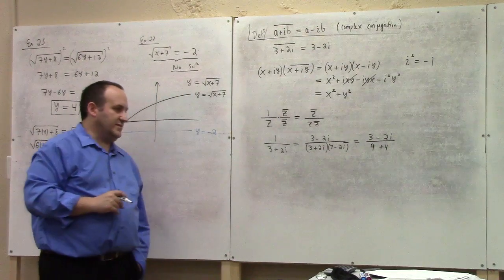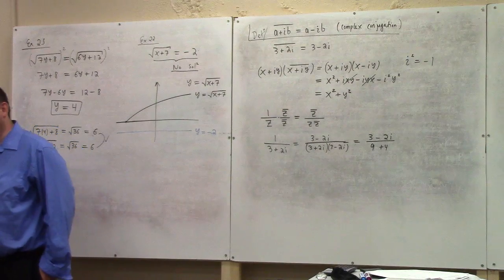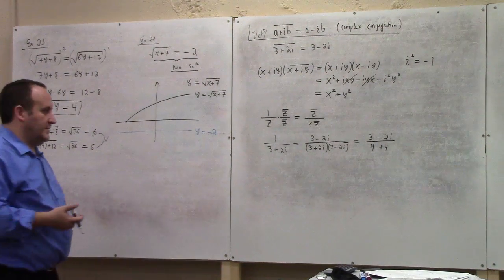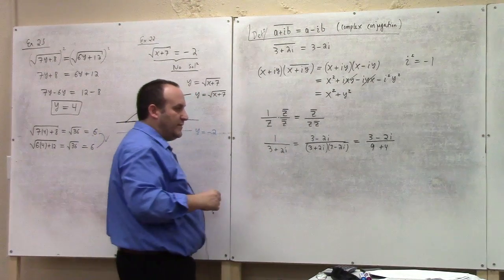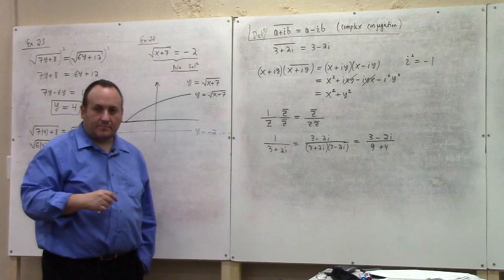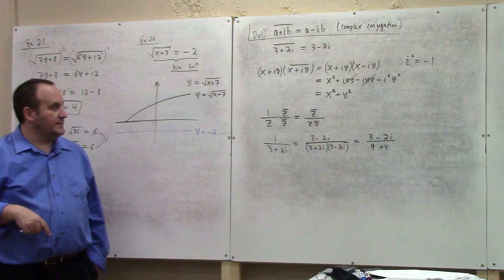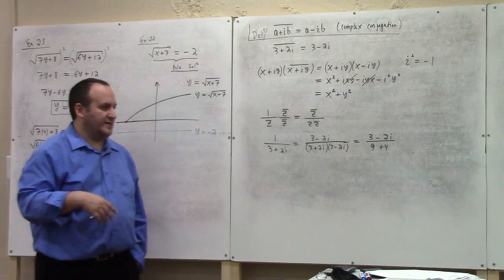My larger point to you is, once you understand what's going on, you know what the denominator is going to work out to before you actually multiply that stuff out. You anticipate it being the real part squared plus the imaginary part squared. It's totally unsurprising to me that we have a division by 13 when we went through the trick here, because 13 is 3 squared plus 2 squared. Anyway, this is just some extra information for you.